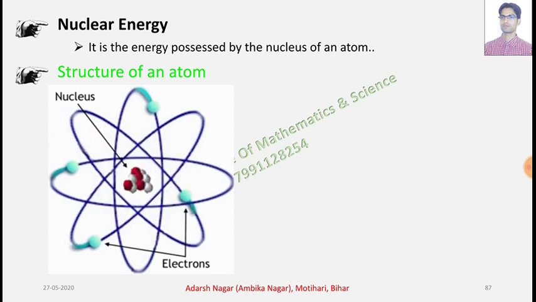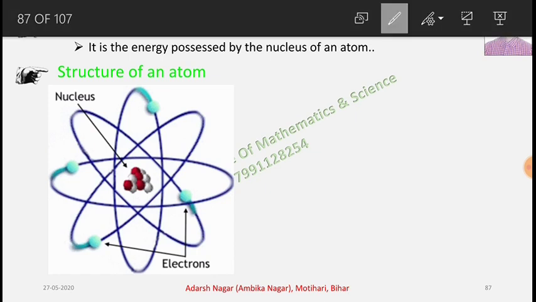Here you can see a picture. This is the path of the electron which revolves around the nucleus. This is the path, this is your electron, and this is your nucleus.